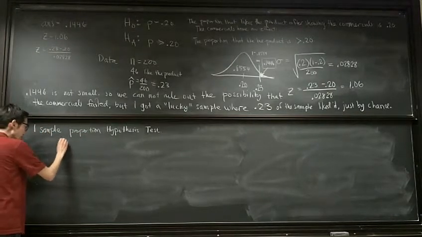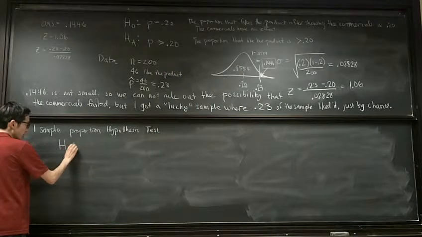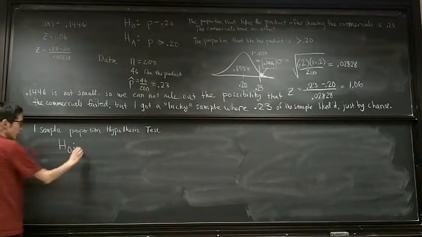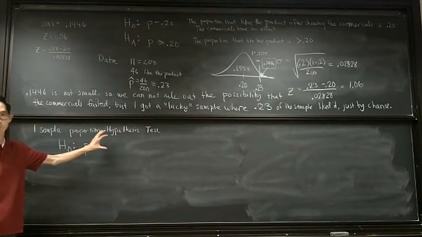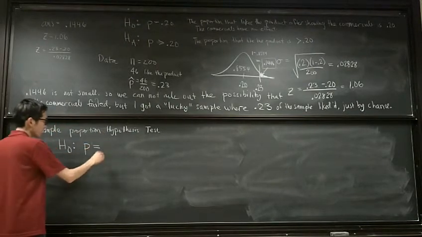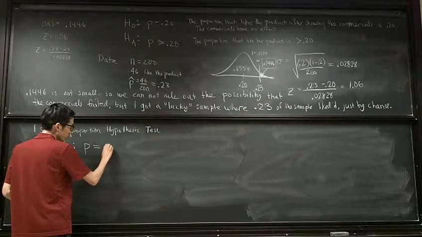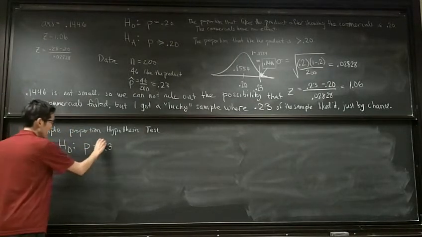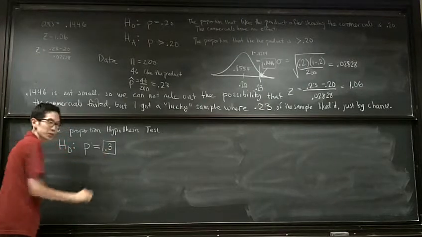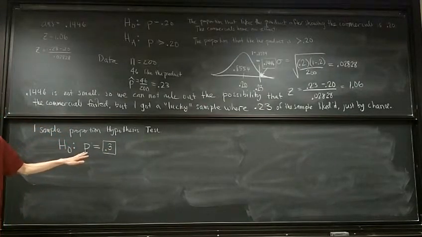Our null hypothesis for the one-sample proportion hypothesis test will always be p is equal to some number. Just as a placeholder, I'm going to put in the number 0.3, but it's always going to be p equals, and then some proportion here.